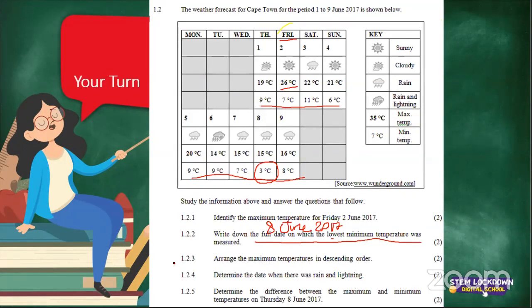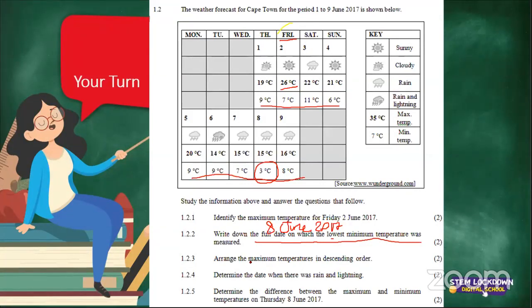Good try. Okay, now next one, arrange the maximum temperatures in descending order. Just give me those temperatures on your chart. But we're looking at the keyword, underline maximum temperatures.